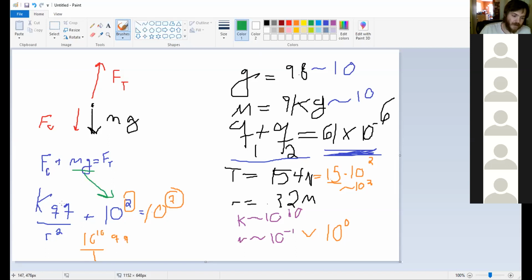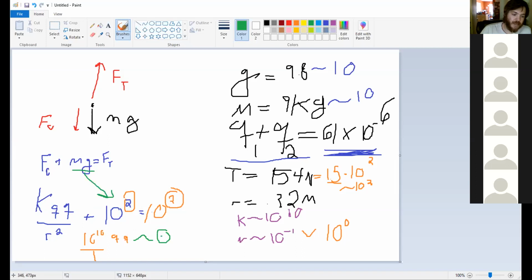So when we say about 0 in physics, what we mean is that it is less than 1/10 the other values. So this has to be less than 1/10 the other values for this order of magnitude calculation, which then gives us it's equal to 0.